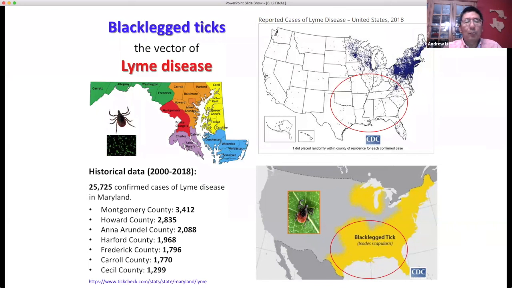So that's where I'm conducting a tick control project. Also, the black-legged tick exists in the southern states, but you can see there are fewer cases of Lyme disease reported from southeastern states. Next slide, please.